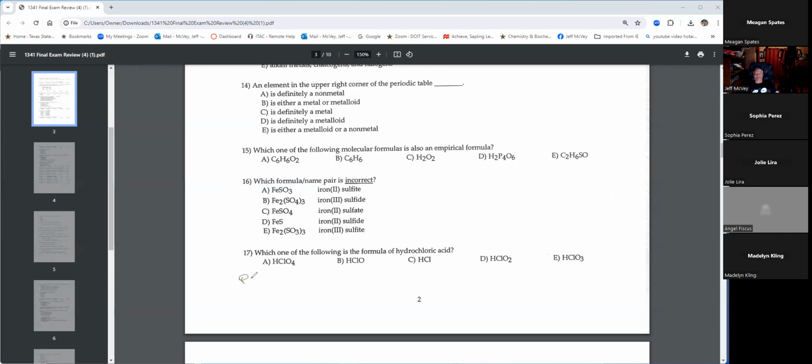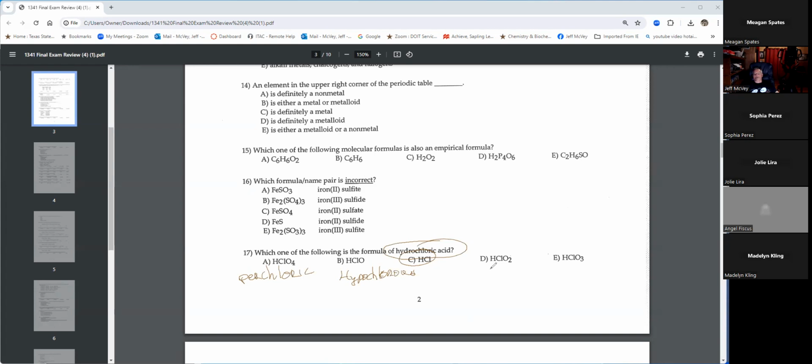This is perchloric. This is hypochlorous. It's a weak acid. This is hydrochloric, which is the easy answer to this question.